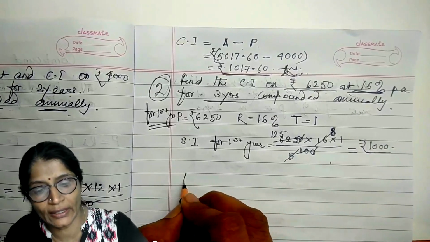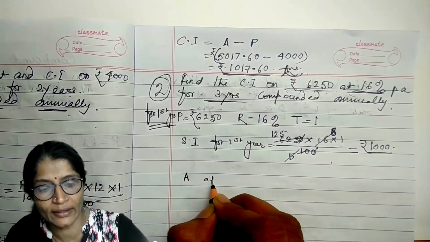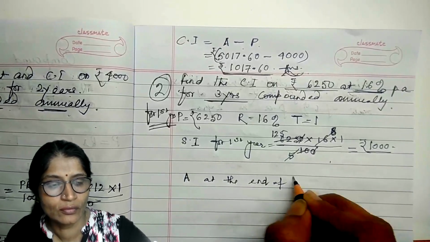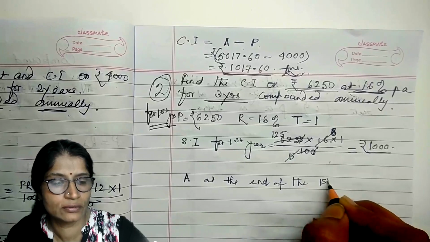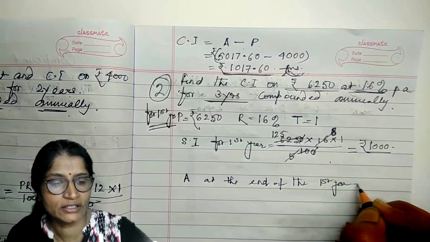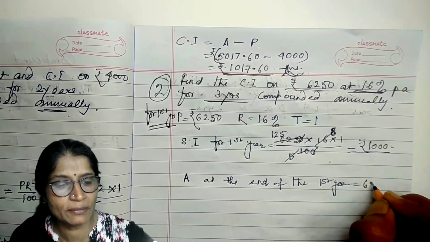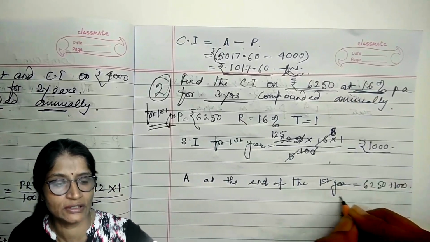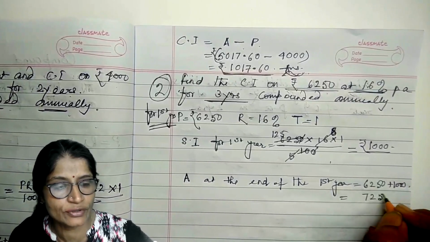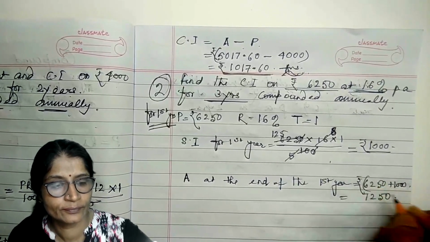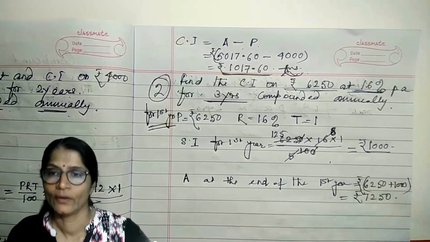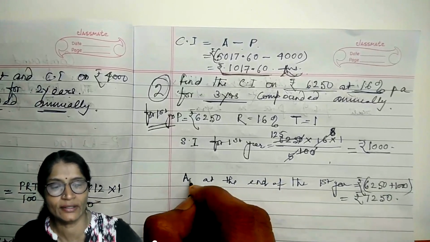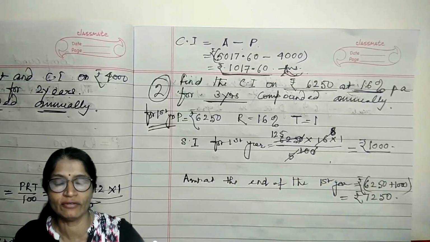So now amount A at the end of the first year is equal to, since the principal was 6250 and 1000 rupees is the interest, 7250. So 7250 is the amount at the end of the first year.